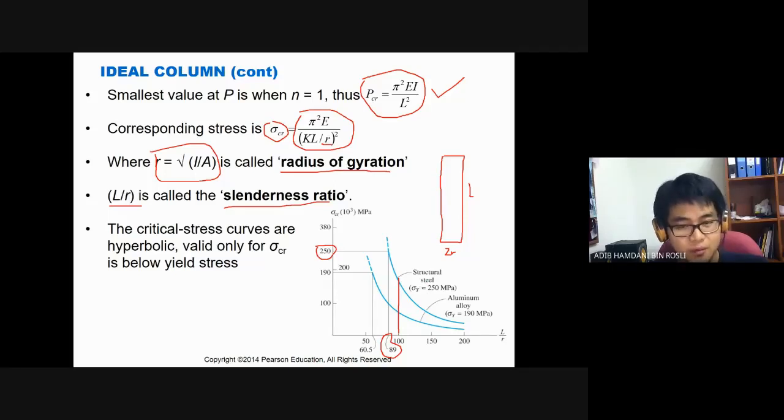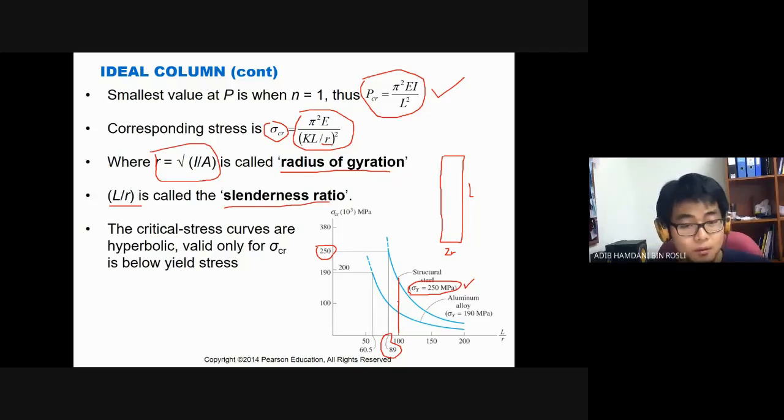It doesn't fail due to yield strength; it buckles first. If your slenderness ratio is less than 89, that's fine, because the critical buckling stress is higher than 250, so it will reach sigma y first, not buckling first.